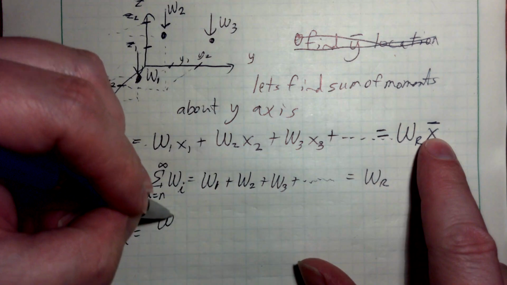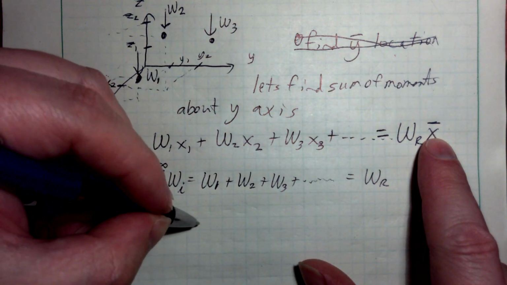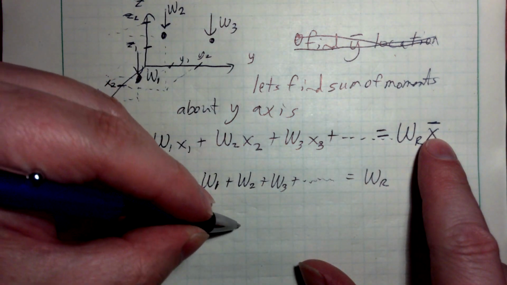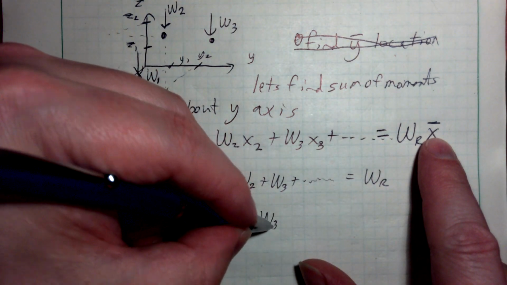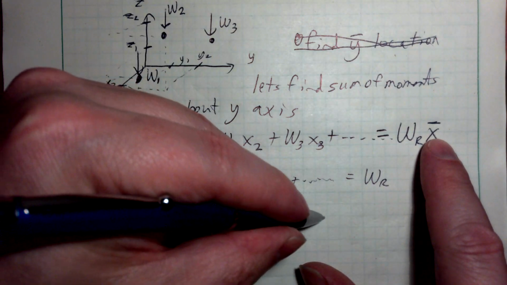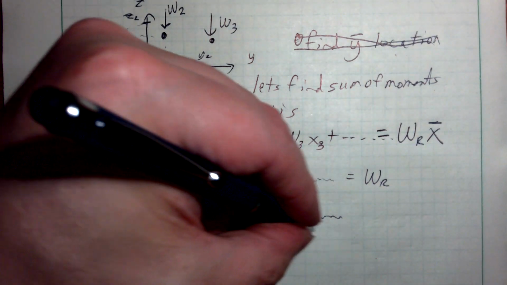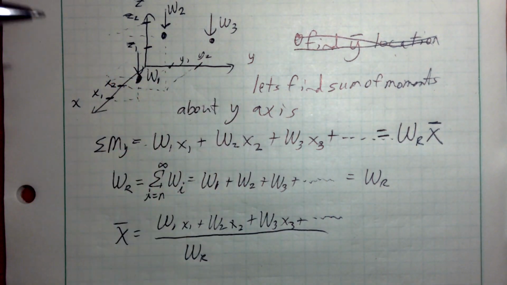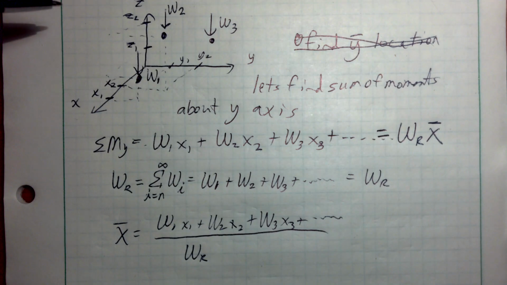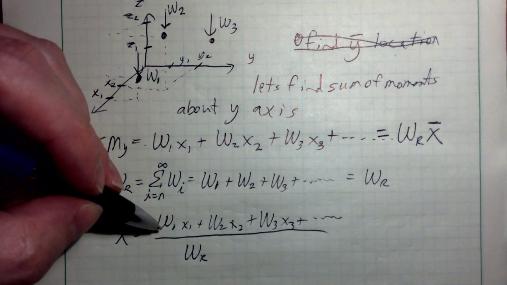So this would be weight 1 times x1 plus weight 2 times x2 plus weight 3 times x3 plus all the things, divided by the resultant weight. Well, notice what these are.